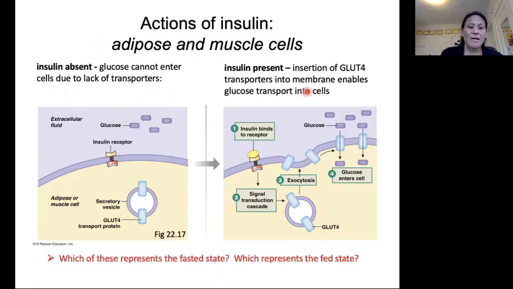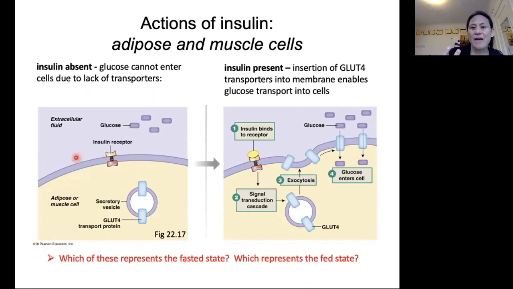Okay. All right. So I think in this explanation I basically answered this question, but a quick concept check here. Which of these is going to represent the fasted state? Which is going to represent the fed state? I pretty much already gave you the answer, but think about it for a second. Okay, so the left is going to be the fasted state, right?